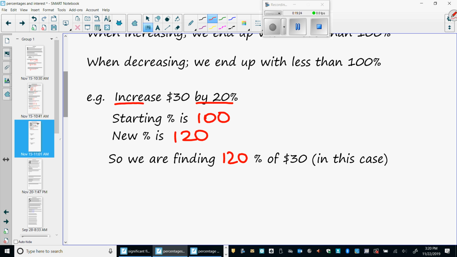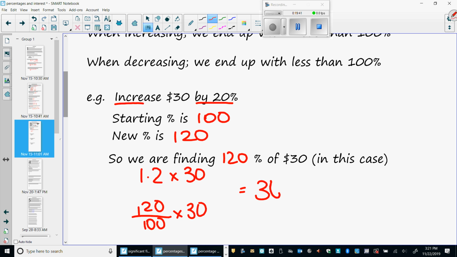Either you're going to say 1.2 times 30, or you're going to say 120 over 100 times 30. I don't mind which one you do, but you get 36. Oh, it's $30, so it's $36. Is that more than we started with? Yeah. Looking good so far. At least it's in the right ballpark. Yes? Do we understand that method?